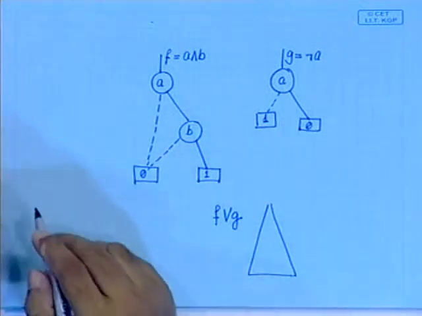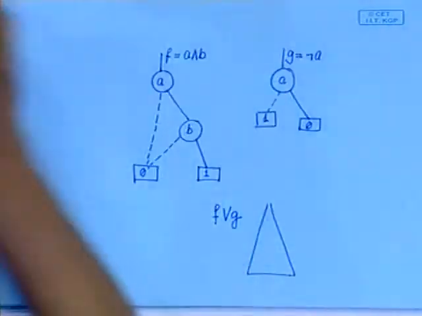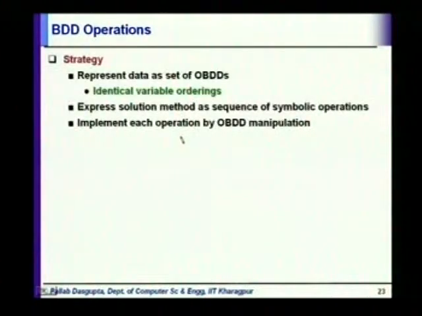To do that, there are several BDD operations, and we are going to look at them one by one. The strategy is to represent data as a set of OBDDs, express the solution method as a sequence of symbolic operations, and implement each operation by OBDD manipulation.